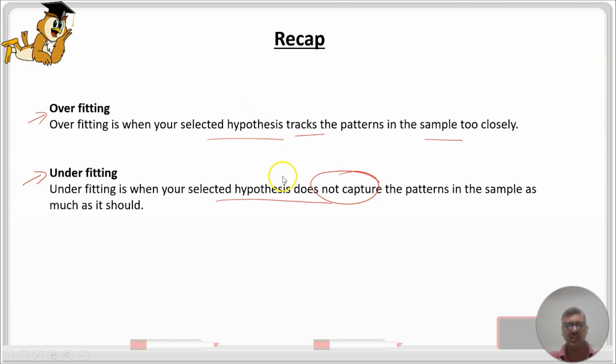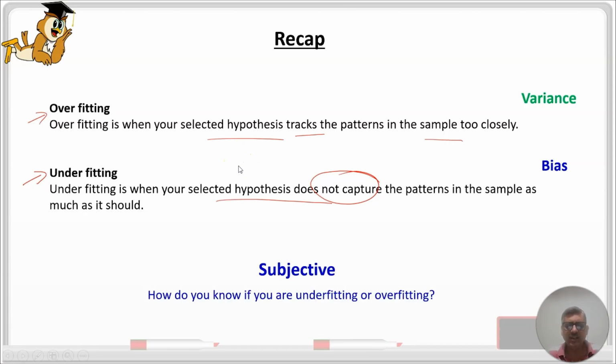Now these ideas are related to bias and variance respectively. Overfitting is when you have a large variance error, and underfitting is inherently related to scenarios where you have a high bias error. Now, it's very clear that these descriptions that we've put out over here are subjective, right?